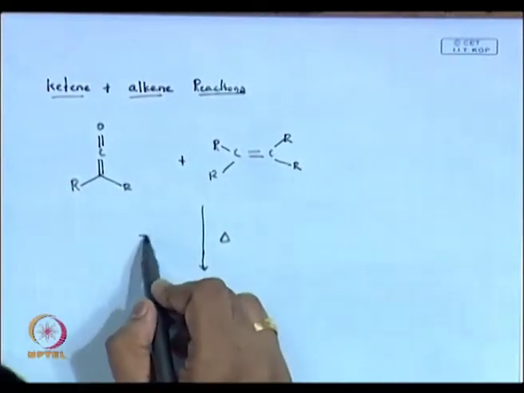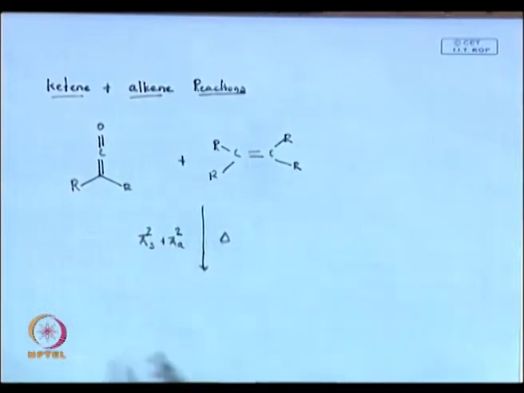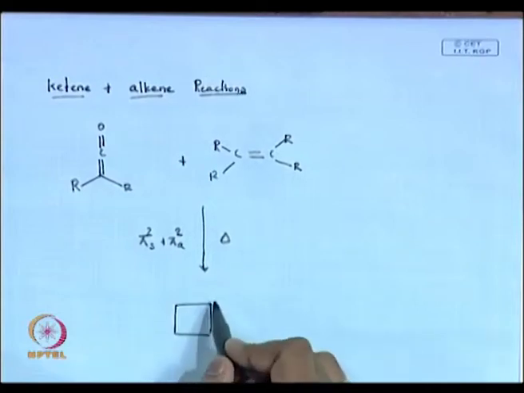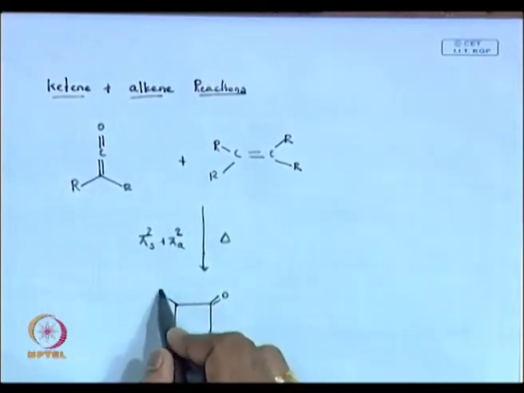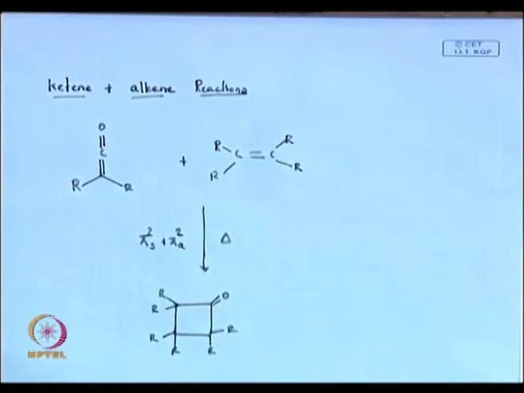You think that by rule this should go by pi 2s plus pi 2a, very good, and you will get your nice cyclic ketones. So, this is your reaction, ketene plus alkene. It is pi 2s plus pi 2a, where one undergoes a suprafacial and the other an antarafacial mode. This is on just taking your ketene and alkene.